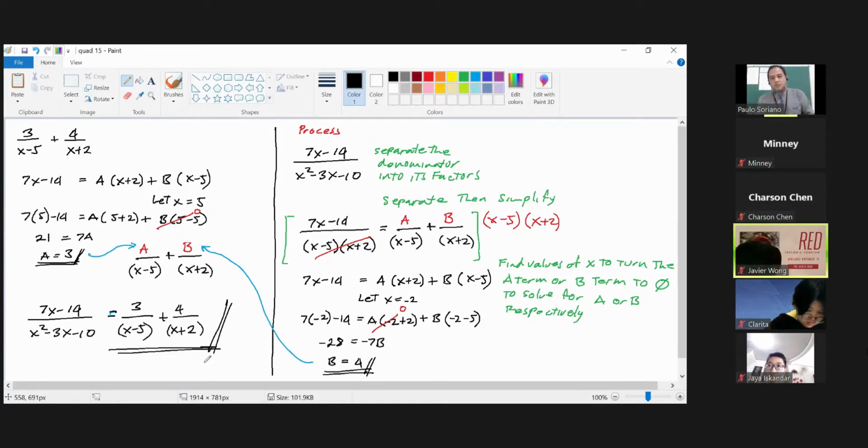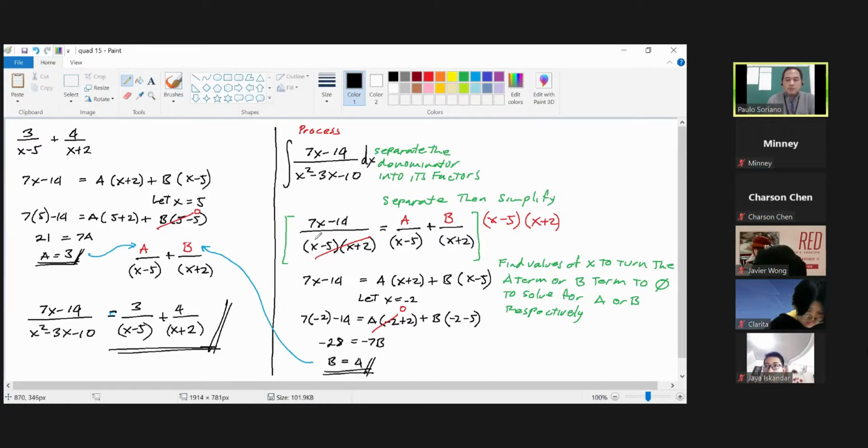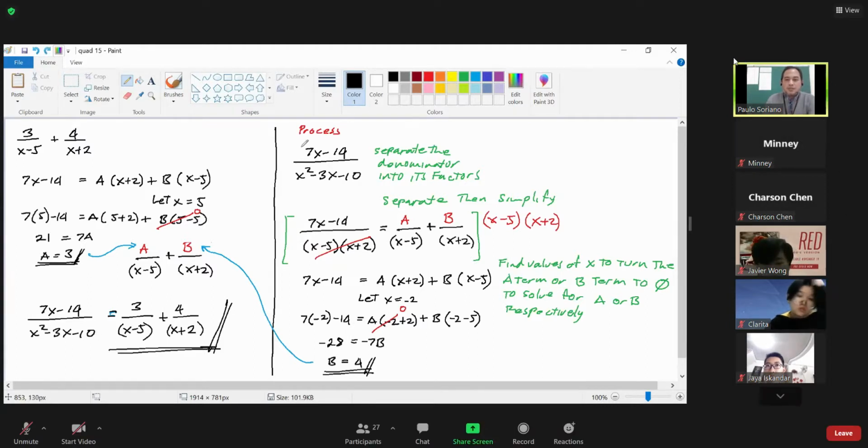So that's for partial fraction. Which means now that if you are given an integral of this one, pay attention here, everyone, before I dismiss the class.